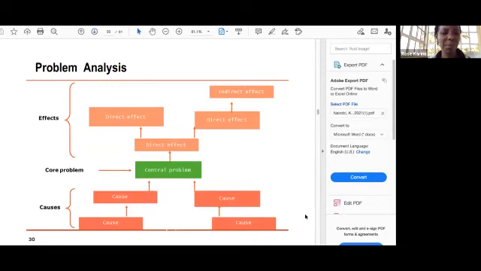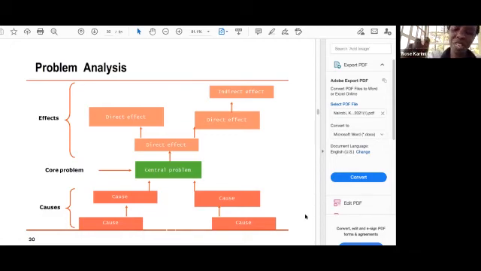So this is our problem tree. We are saying we need to have a central problem. Of all those problems that you have brainstormed and come up with as an organization or as a group, what is that central problem? There must be that mother of all problems.